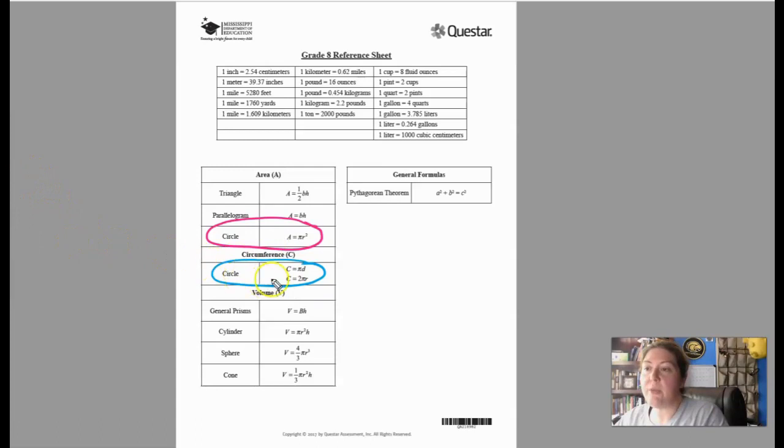We need to remember that circumference equals pi d, or circumference equals 2 pi r. We need to remember area equals pi r squared. Okay, two big things that we need to remember.